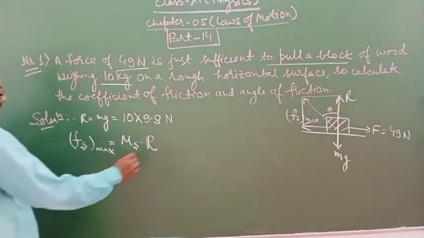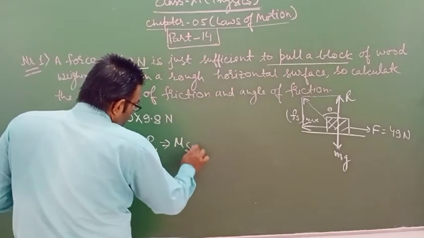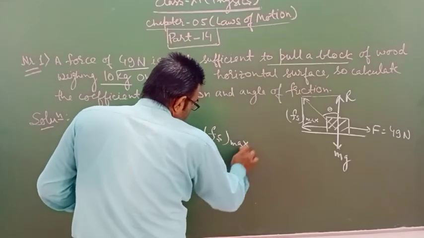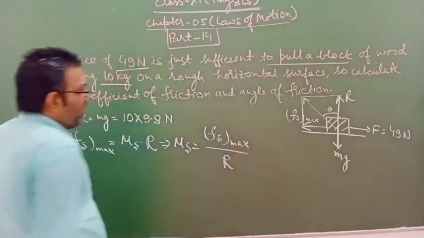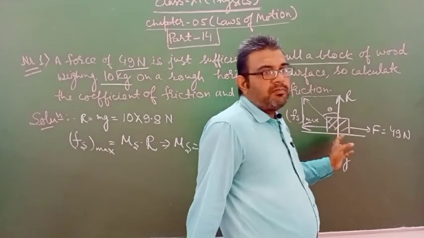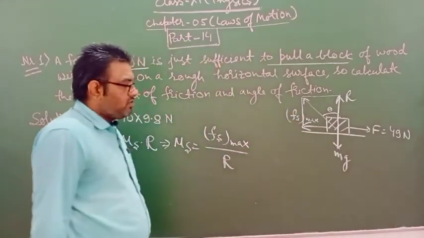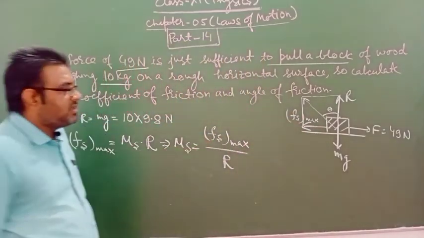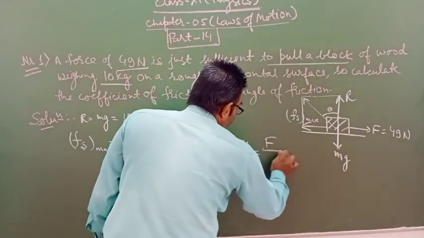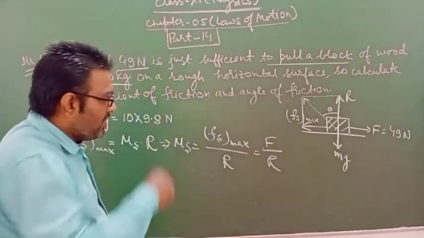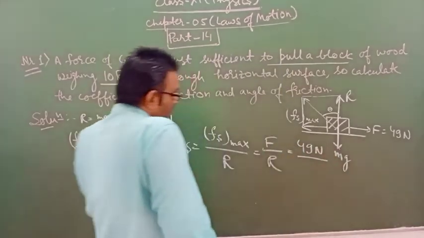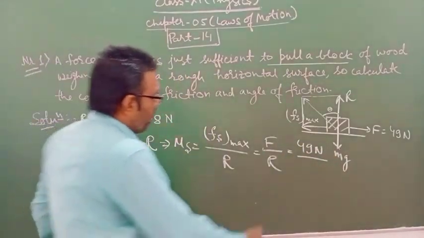So from here we can calculate μs is equal to Fs max upon normal reaction. And as we can see, this force is sufficient to pull the block on the rough horizontal surface, so this Fs max is equal to this force. So we can write it as F upon R.